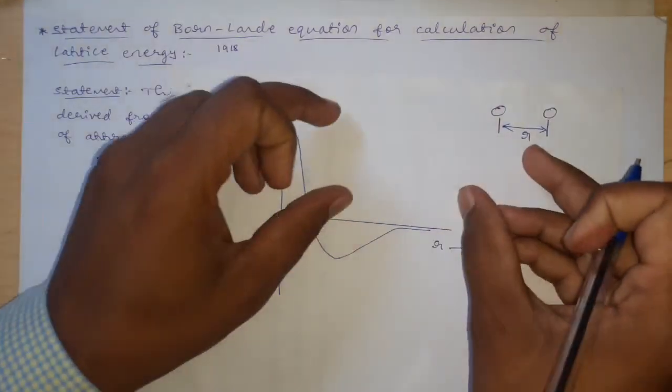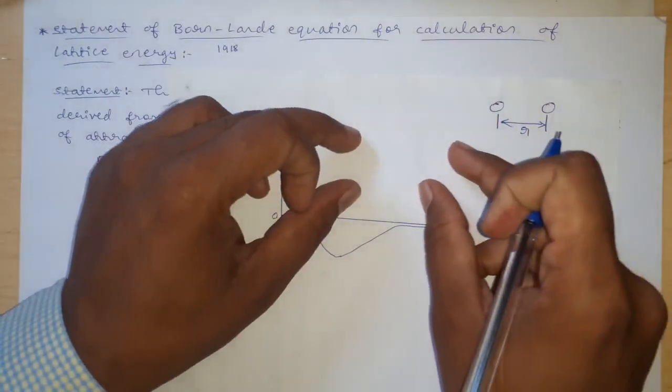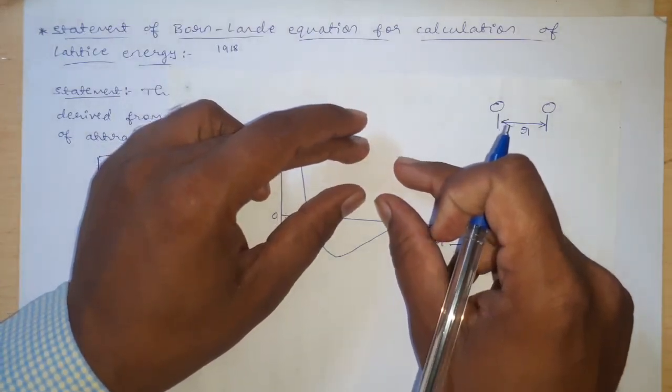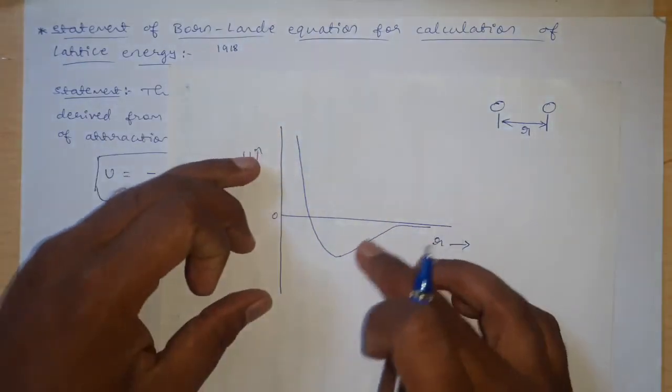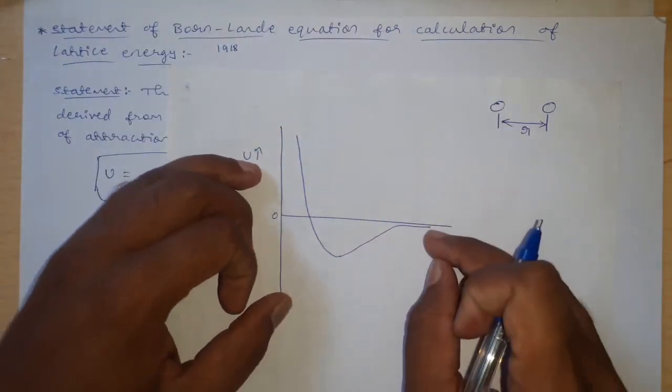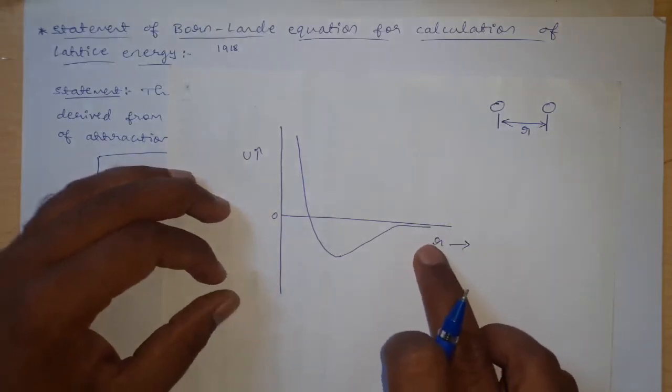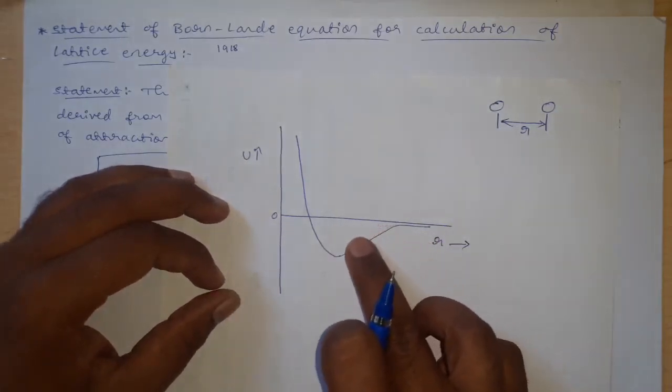When two atoms are brought from infinity close to each other, there exists an attractive force between them, and hence the total energy of that system goes on decreasing as the interionic distance r decreases.